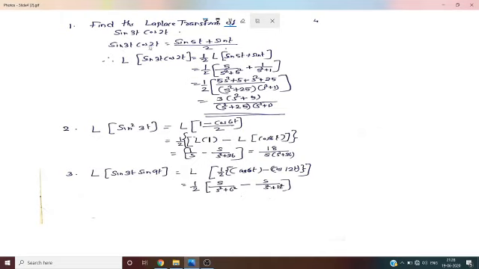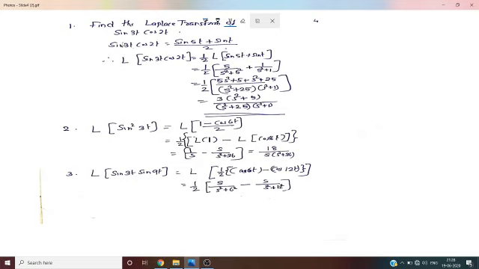You know the formulas of sin(a+b) and sin(a-b). Add these two, then you will get 2 sin a cos b.